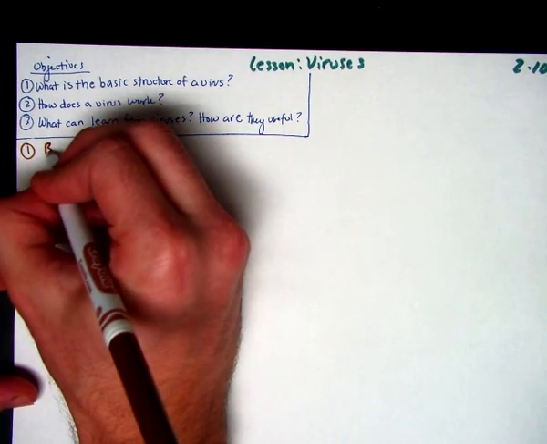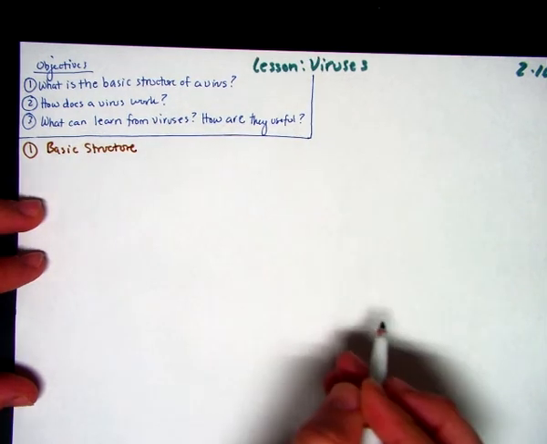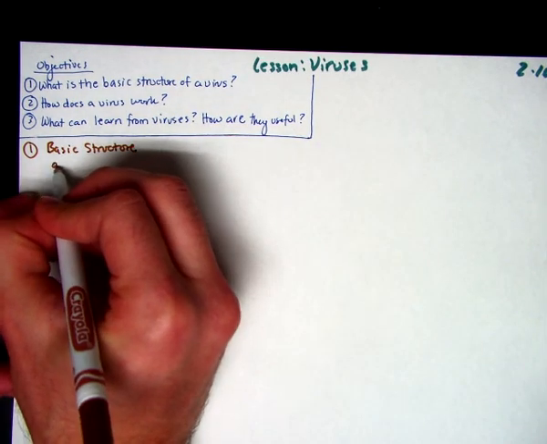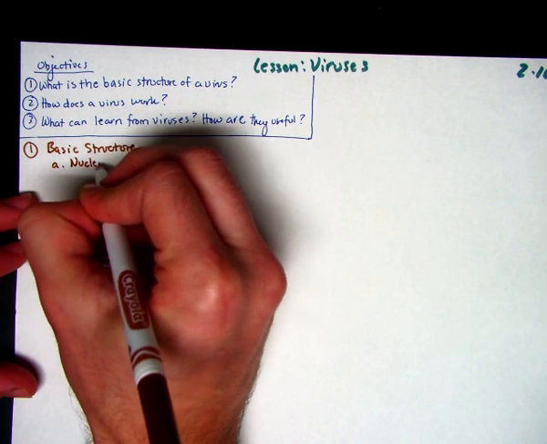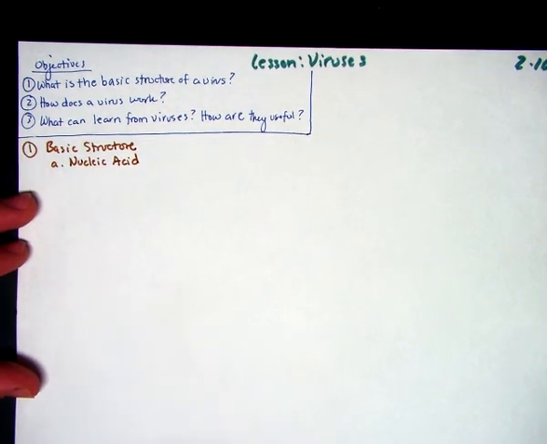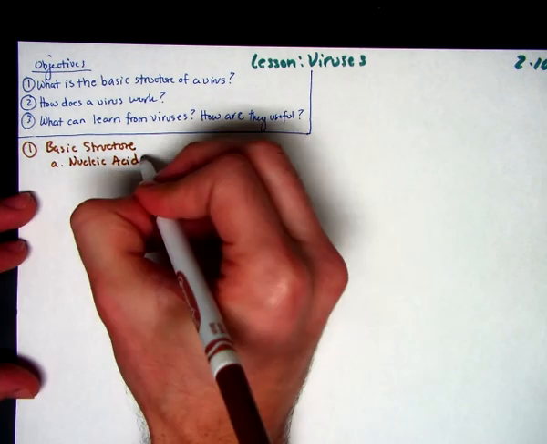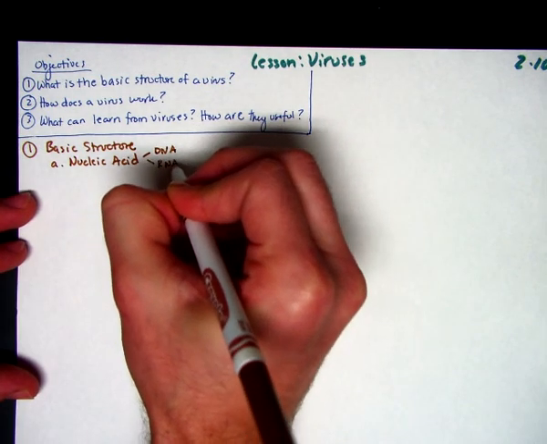So that basic structure includes a nucleic acid, right, their genome, that can either be DNA or RNA.